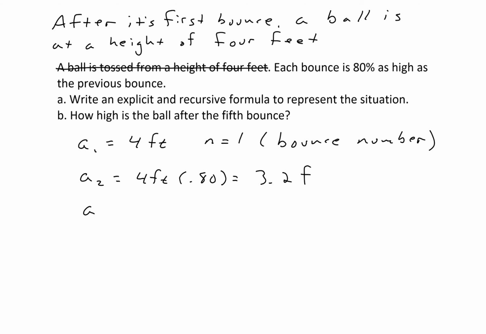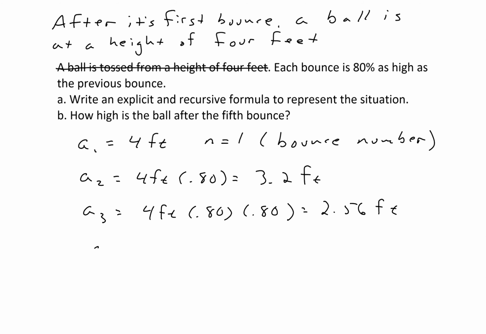After the third bounce, a sub 3, we have 4 feet times 0.80 times 0.80 again, which is 2.56 feet, etc. So you see how the formula works.